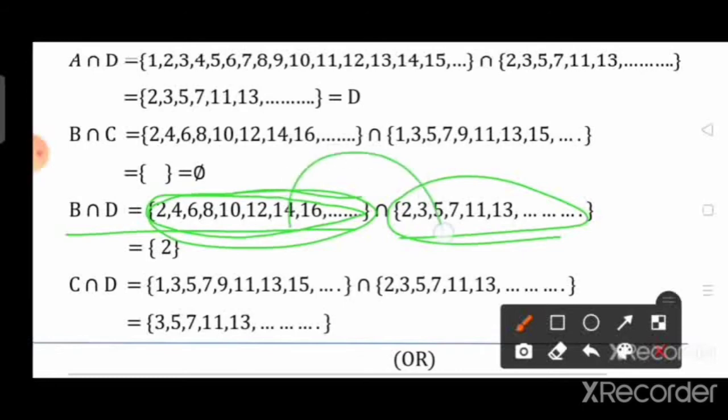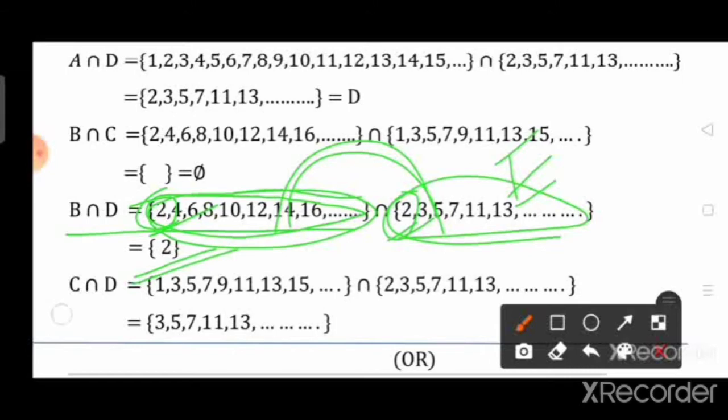I think only 2, because among the prime numbers, the even prime number exists, that is 2. So 2 will be the common element in these two sets. That's why the singleton set {2} is our answer.